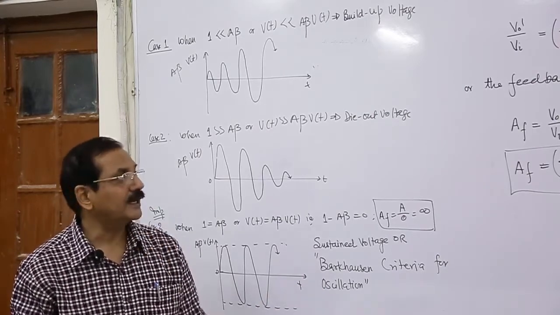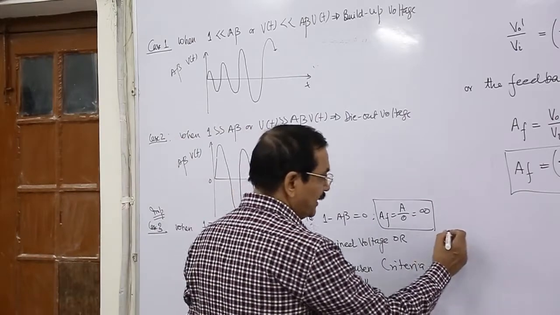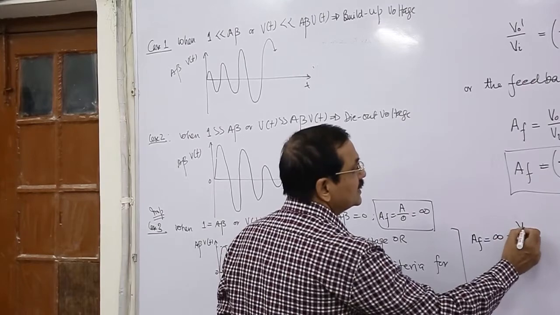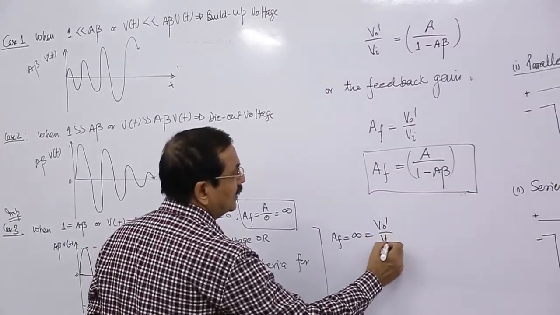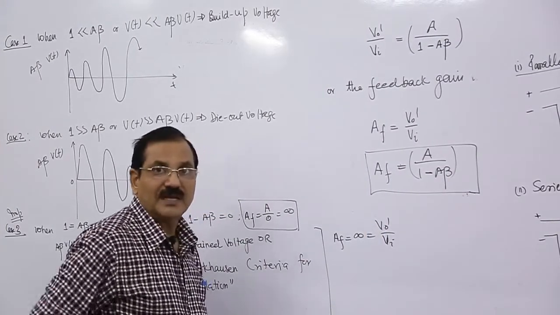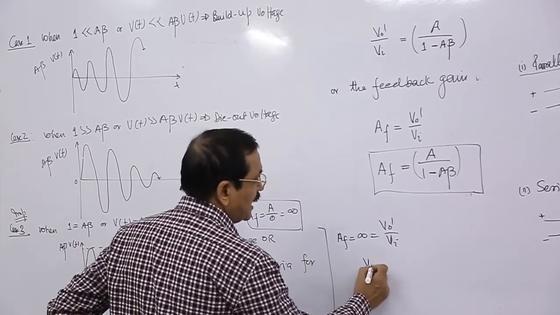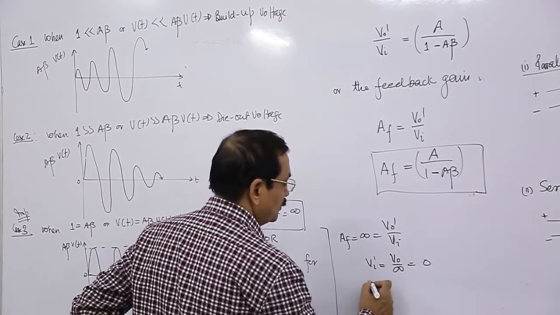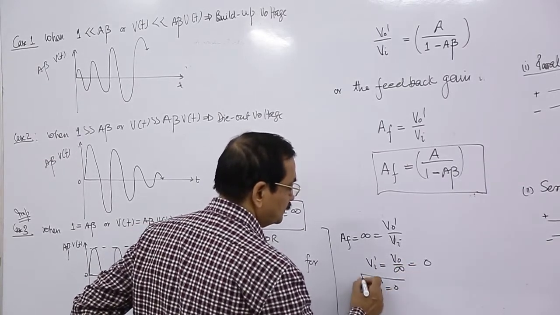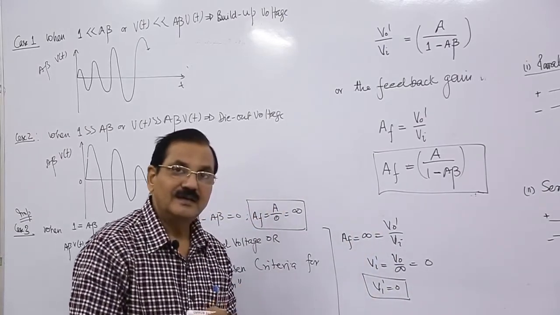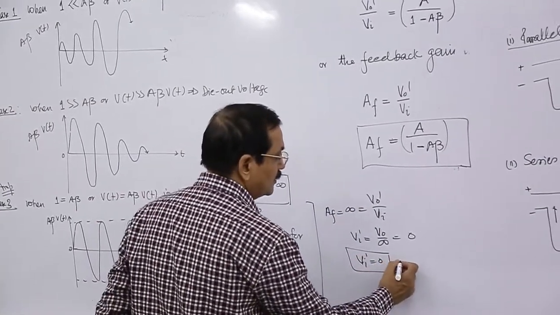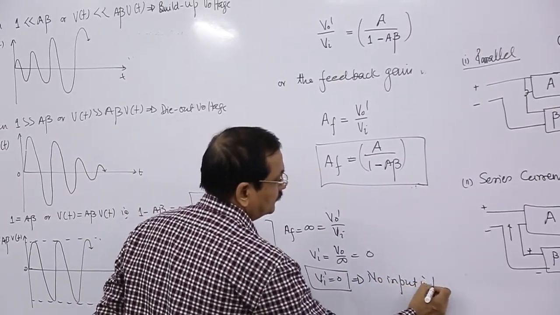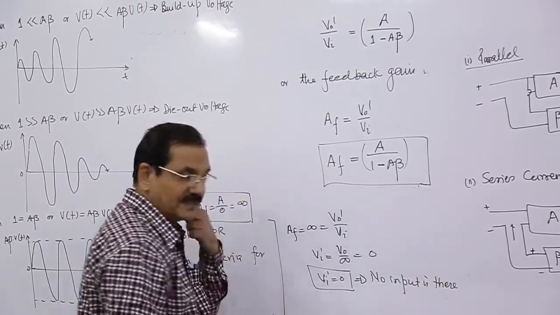One very important thing is, whenever AF is equal to infinity, so V0 dash upon Vi, then Vi dash is equal to V0 upon infinity. So this is 0. Vi dash is equal to 0. Vi dash is 0 means no input is there.